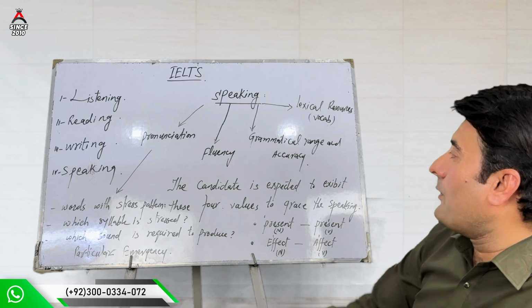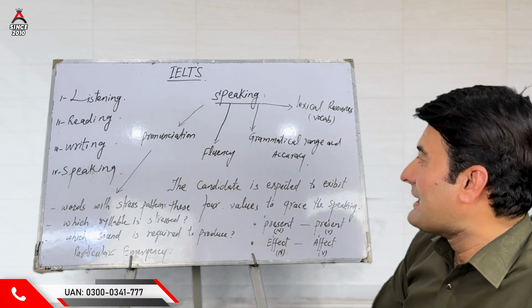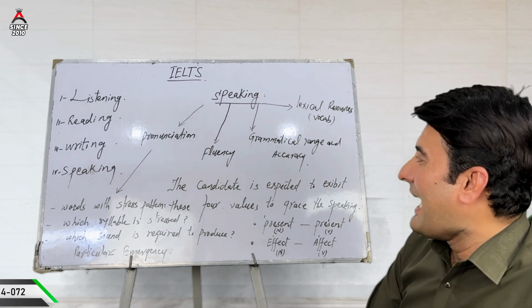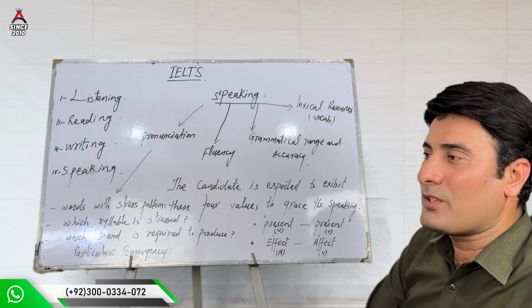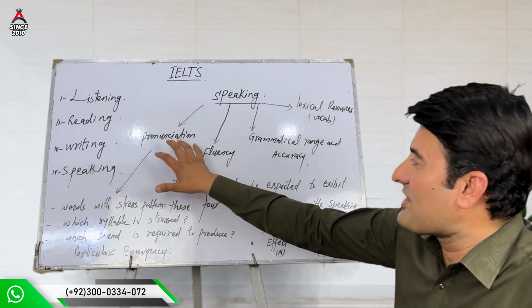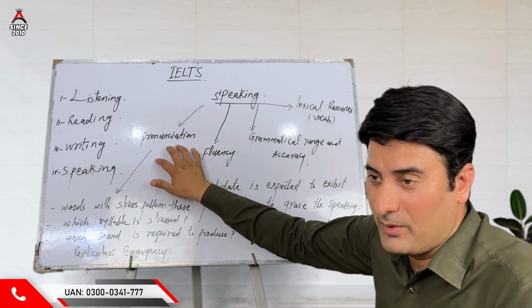So first of all, we will talk about pronunciation. What is pronunciation? There are 2 things: one is pronunciation, the other is accent. Accent is typically related to the individual ability of a person, the way he speaks. But pronunciation is the way we pronounce the words. This is very important.